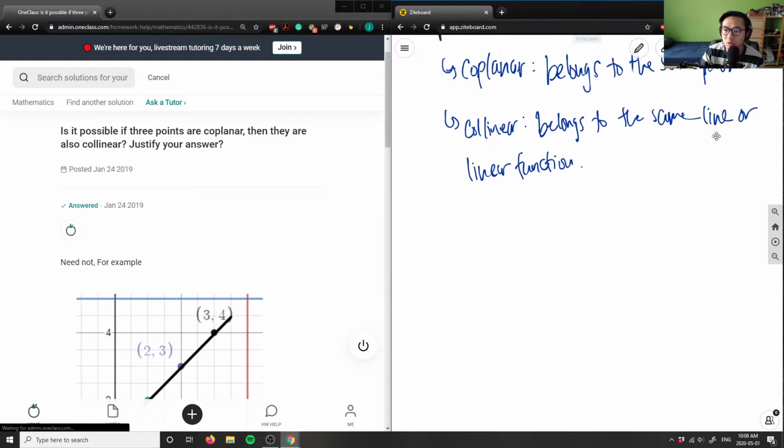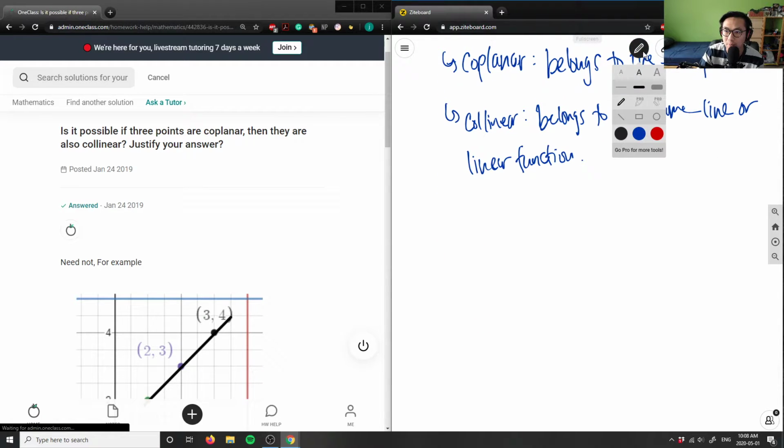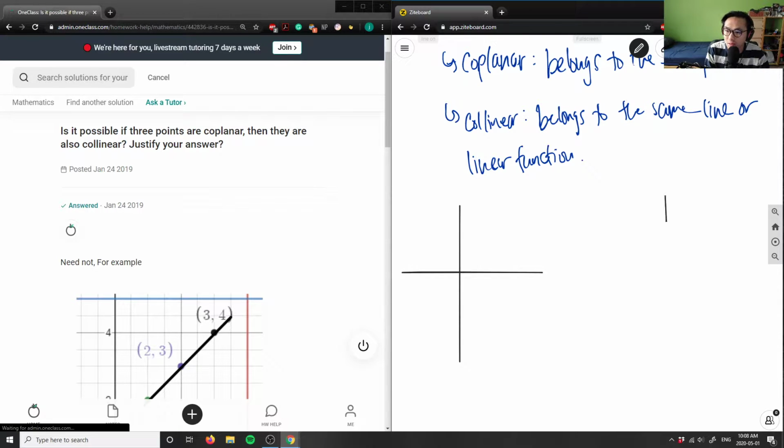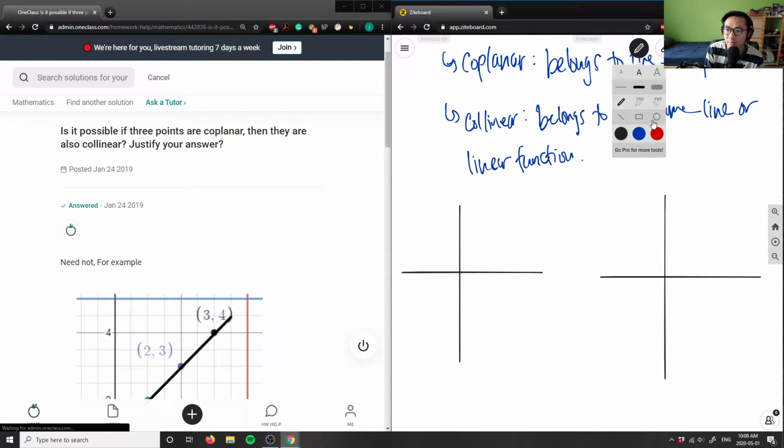So let's draw an example here, and I'll draw 2 examples. Use the line tool just to make it a little bit easier. So I'm gonna have one line here first.